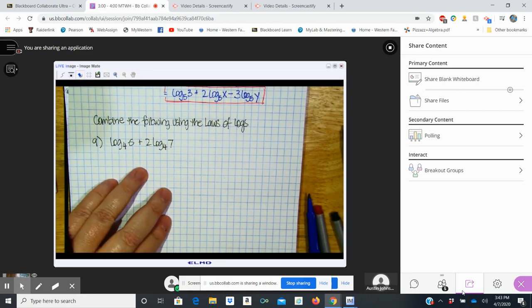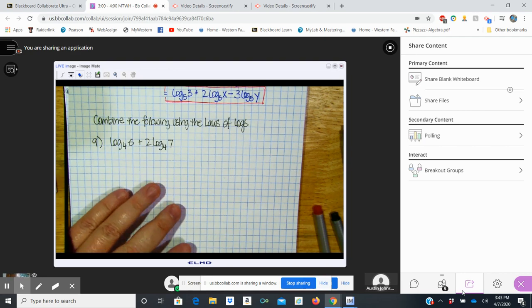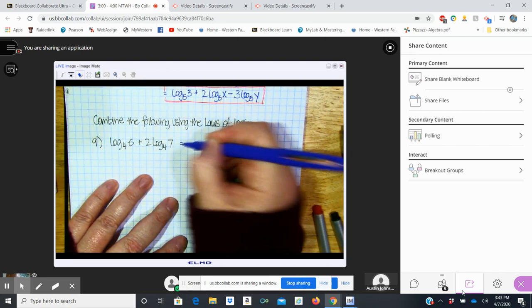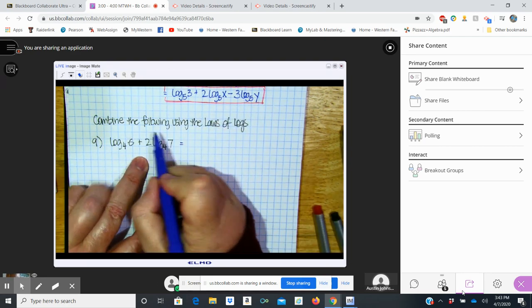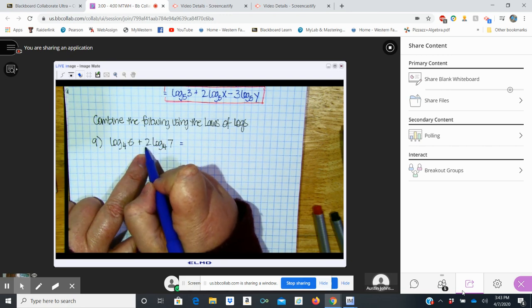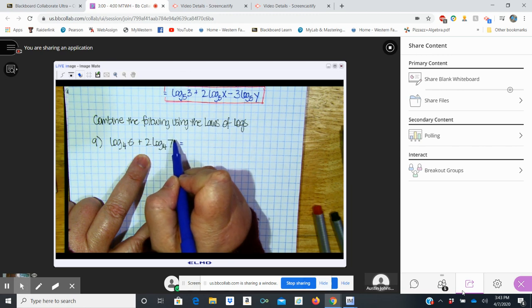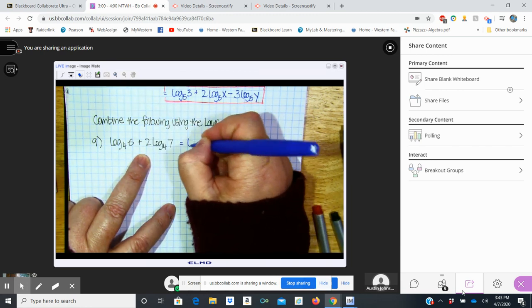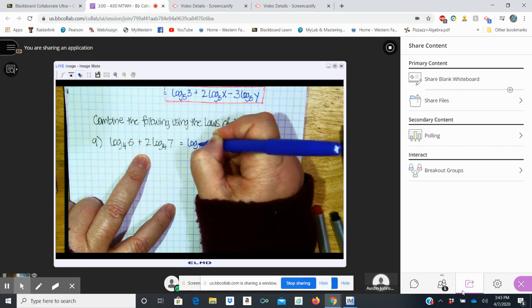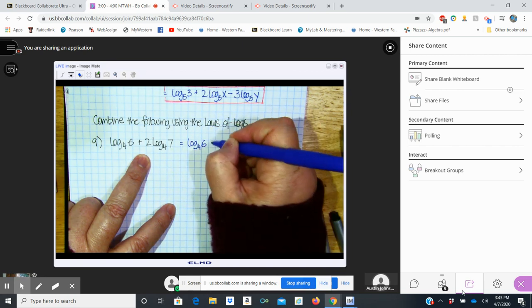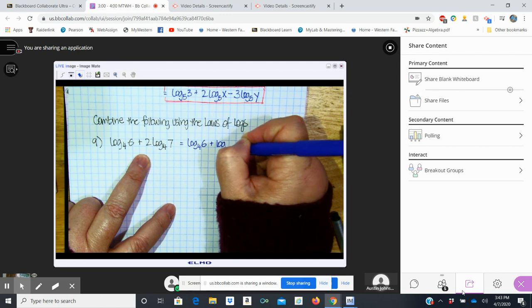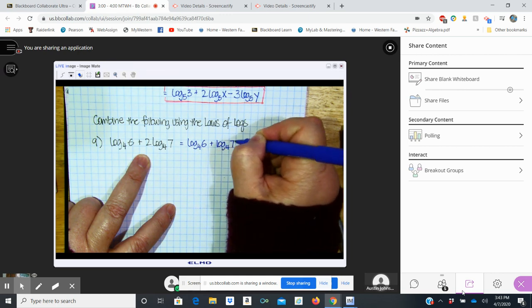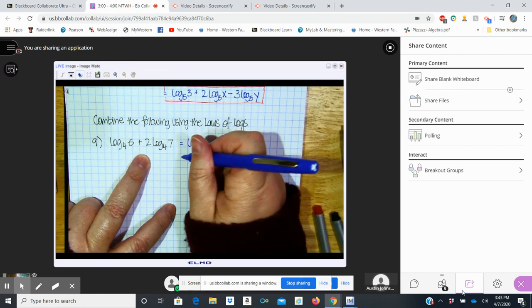And what we want to do is move some combinations around here. So the first thing I'm going to do is take this 2 that's out front and put it back on as an exponent for 7. So I'm going to do log base 4 of 6 plus log base 4 of 7 squared. That's 49.